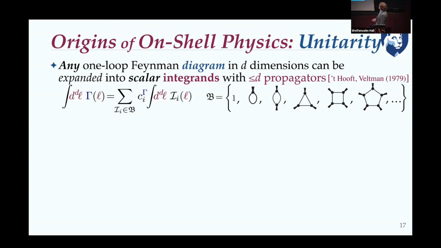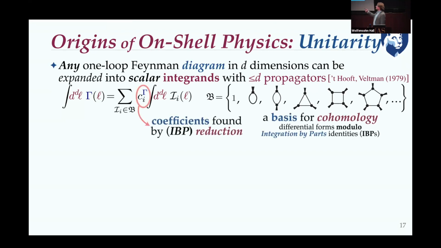And it was noted by Passarino and Veltman in the late 70s that at one loop, at least, in d dimensions, you can take any Feynman graph. This is a graph level statement. You could expand it as an integral into a sum of integrals with at most d propagators. And that means that if you care about a d-dimensional theory, you can truncate this list, do this list of integrals, tabulate it in your appendix, and you're done. And now the only problem is finding these coefficients. Now, what is this? Why does this work?